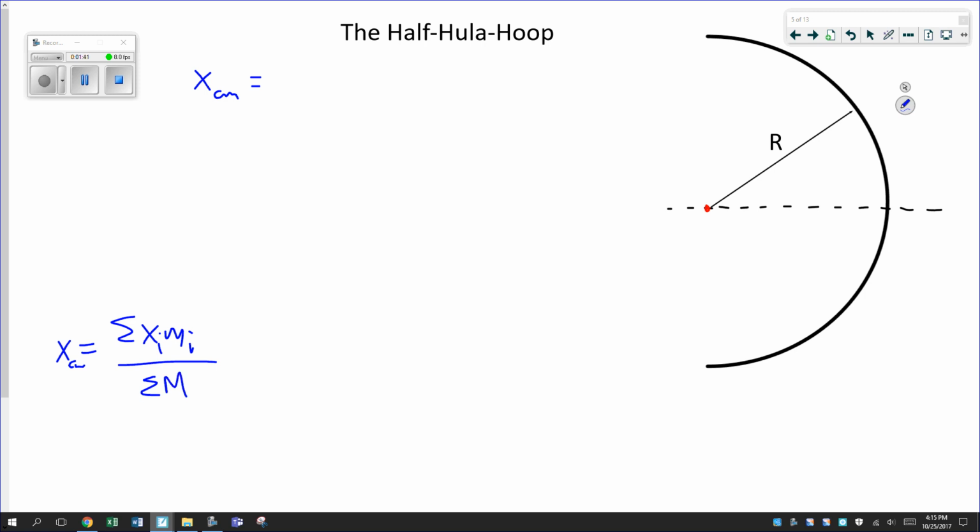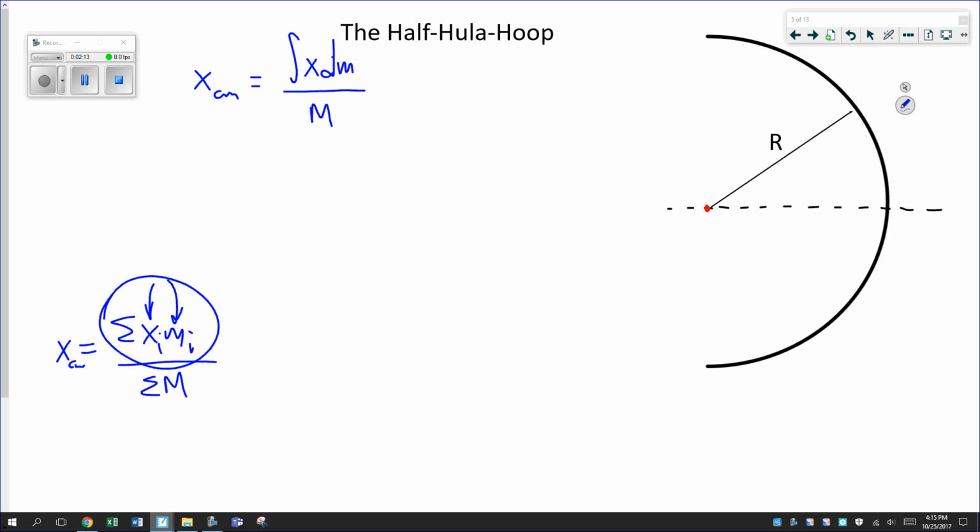Well, these aren't discrete individual objects at places. What they are is a collection of little tiny objects, each at a place. So what we turn this sum of discrete things into is an integral of the position of each infinitely small element of mass, but still divided by the whole mass.